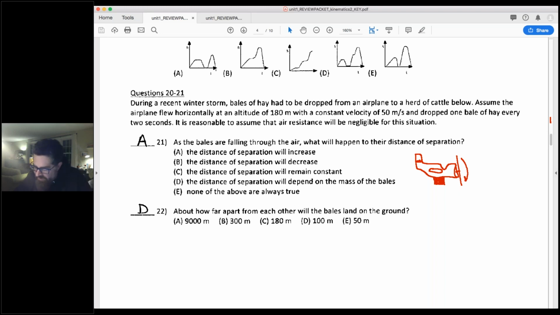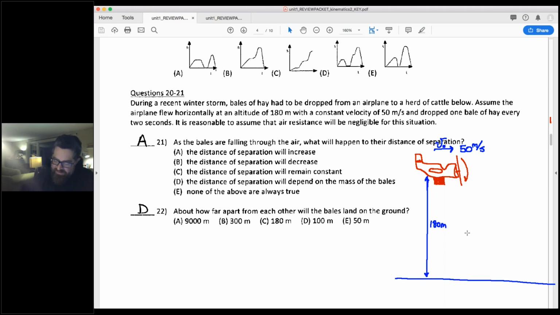Now the plane is going to the right, and we're told in this problem that it's moving at a constant velocity of 50 meters per second. So that's an important piece of information, 50 meters per second. And it drops one hay bale every 2 seconds. And we know that the height above the ground is 180 meters.